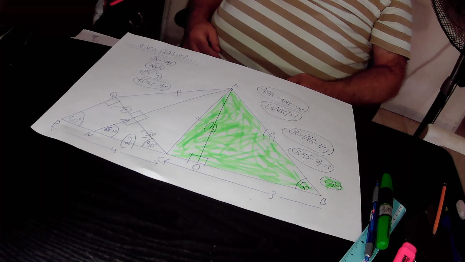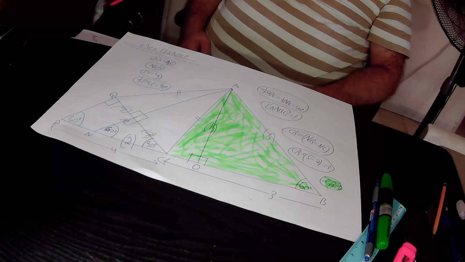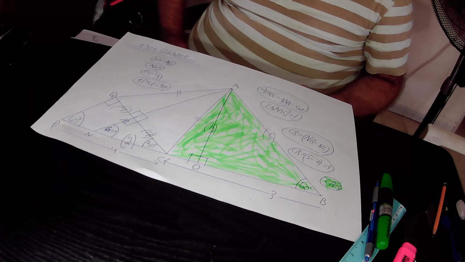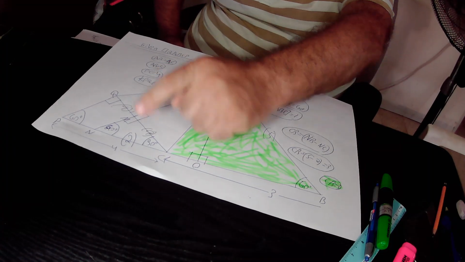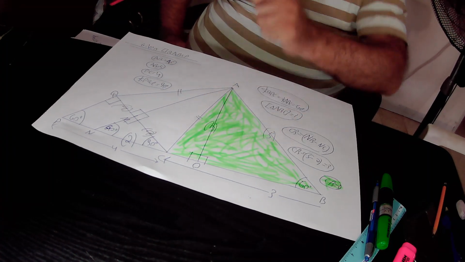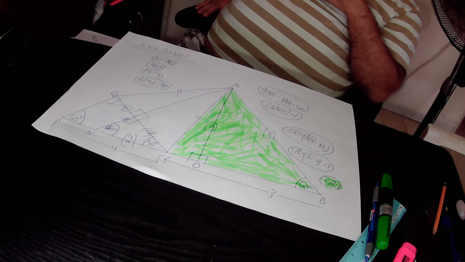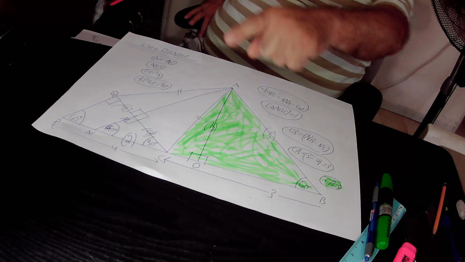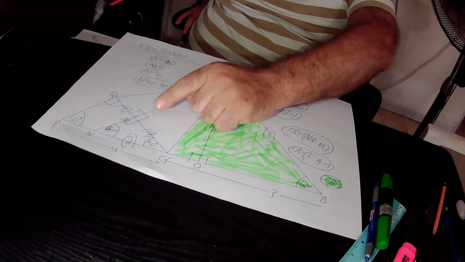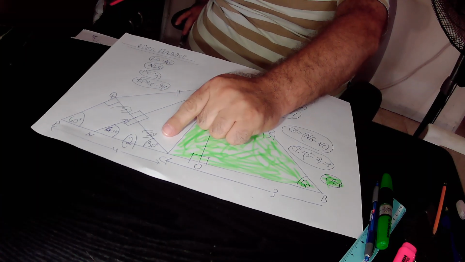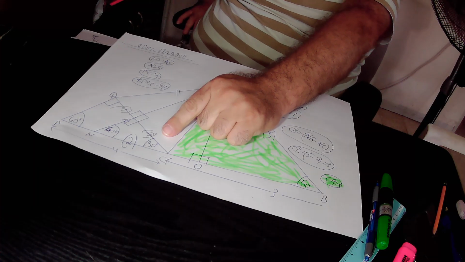So actually it is very easy to see that the big right triangle QPC is similar to the small right triangle MNC according to the angle similarity rule. I'll explain anyway why. First of all, this is angle C. This is equal to 30 degrees in size.